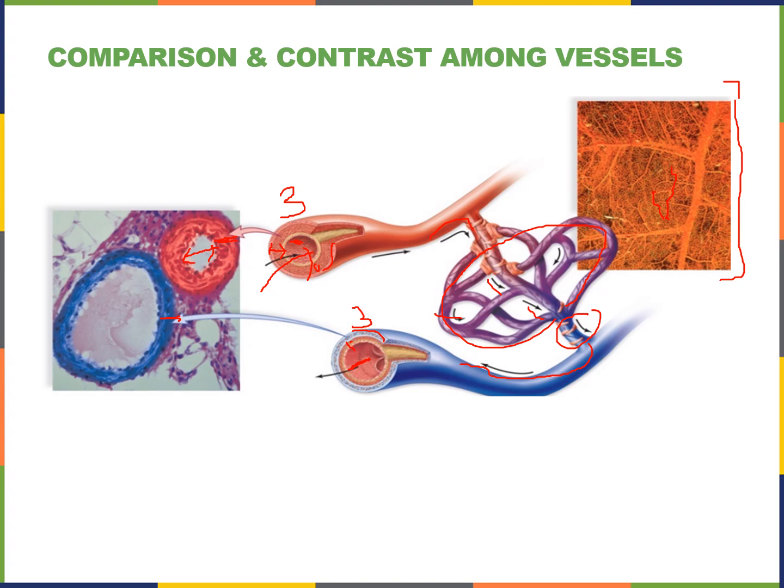Notice how much larger is this diameter for a vein. So it is true that at any one time, much of the blood in our body is pooled in our veins. Veins hold a lot of blood in them as the blood is flowing.